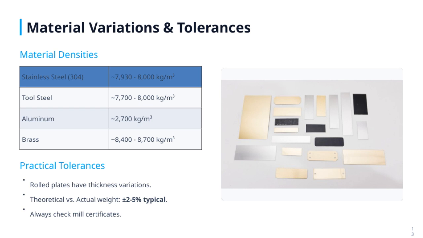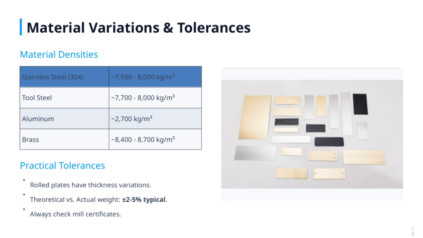Now, regarding practical tolerances, manufacturers usually specify acceptable ranges for material dimensions and properties. For example, in the table here, you can see the approximate densities for various materials. Stainless steel 304, for instance, has a density around 7,930 to 8,000 kilograms per cubic meter, while aluminum is much lighter at about 2,700 kilograms per cubic meter.